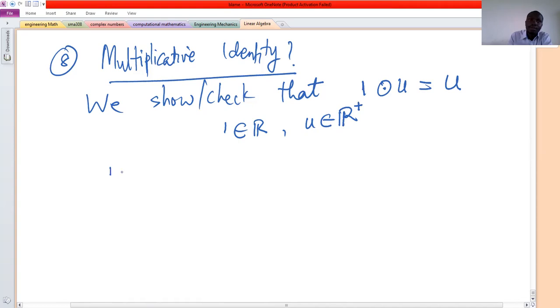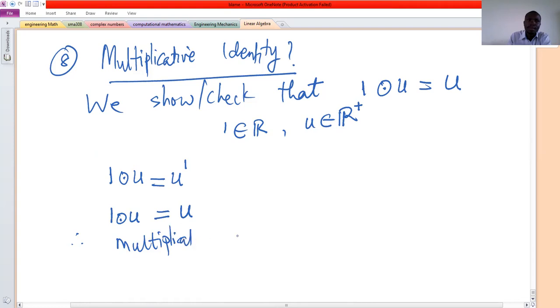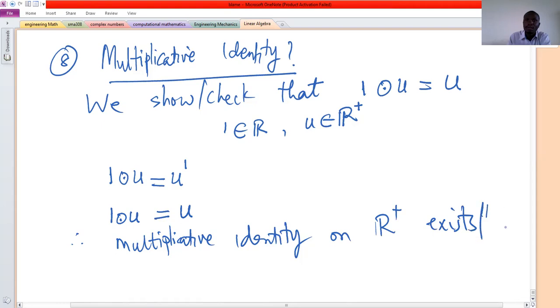Now, 1 times u, by definition, because 1 is a scalar, is 1 raised to the power u. And you see 1 raised to the power u, any power, is just 1, which is not u... rather, as written, this shows that 1 times u equals u, and therefore multiplicative identity on R plus exists, and so holds.